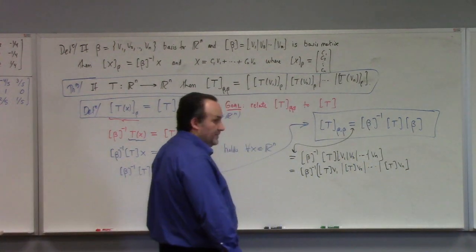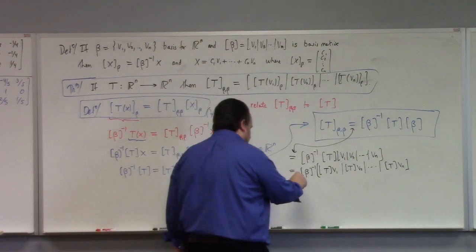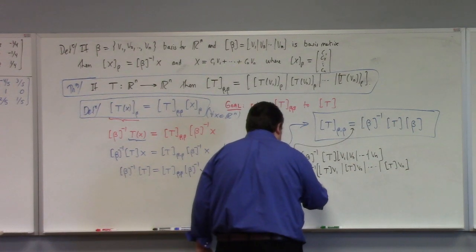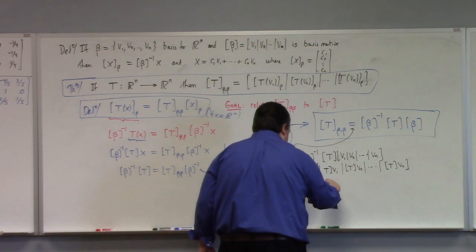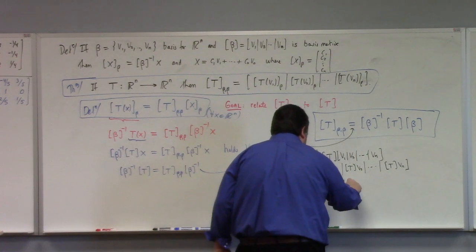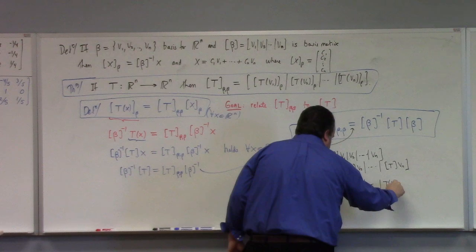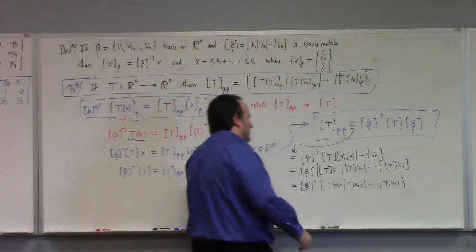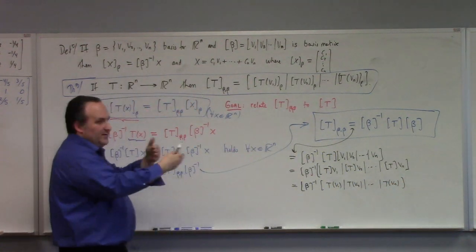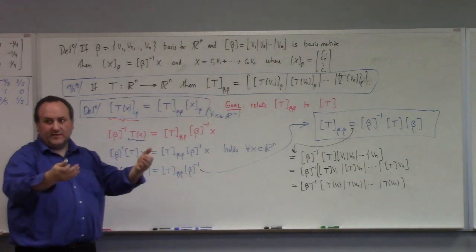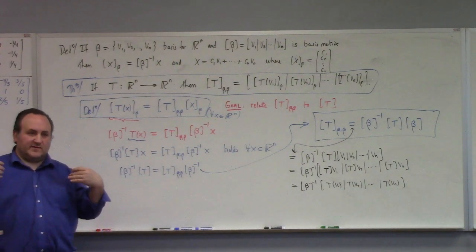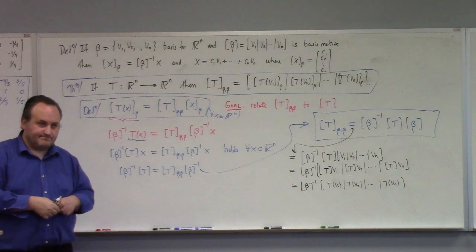But that is what? T of V1, T of V2, T of Vn by definition of standard matrix. Well, I mean, there's a theorem, again, going back to the standard matrix times the vector is the linear transformation of that vector.